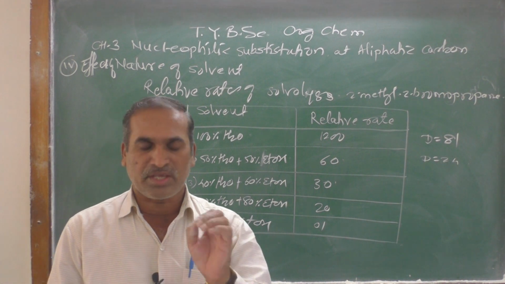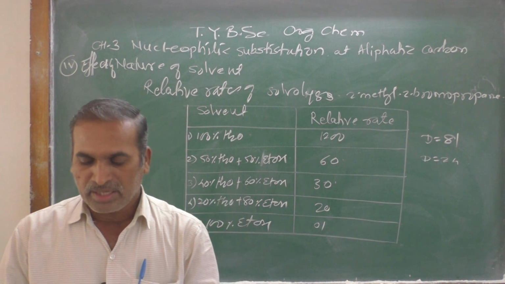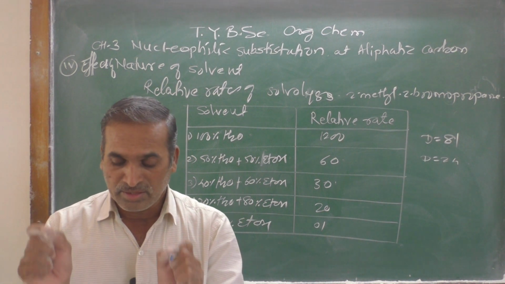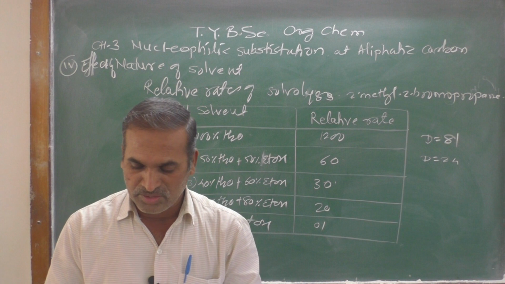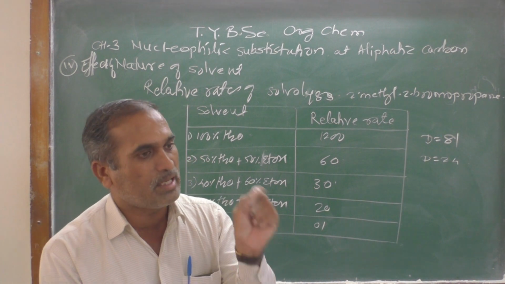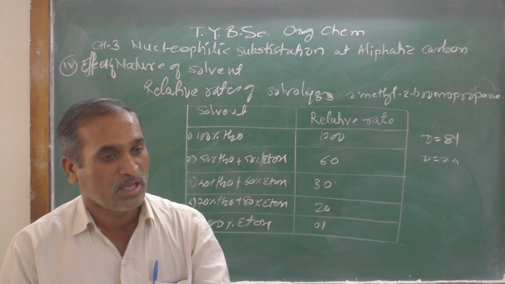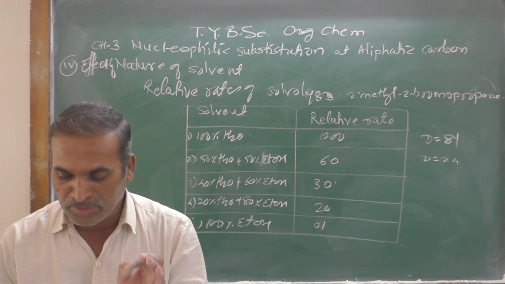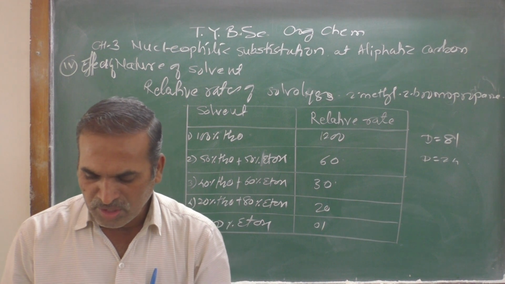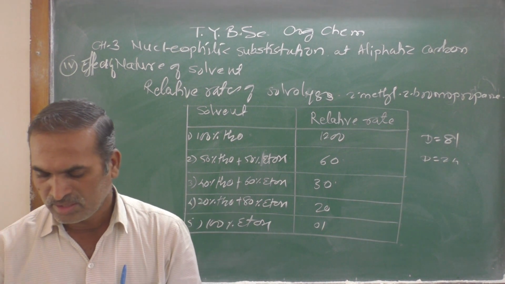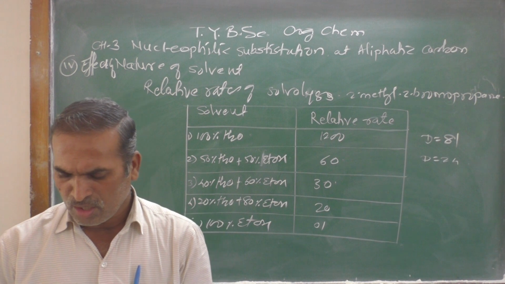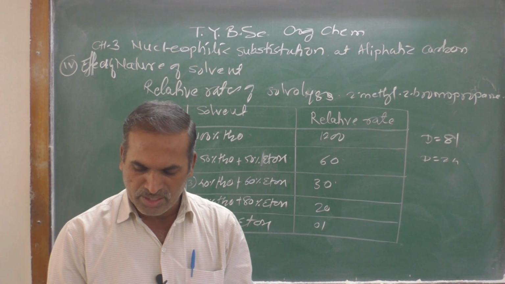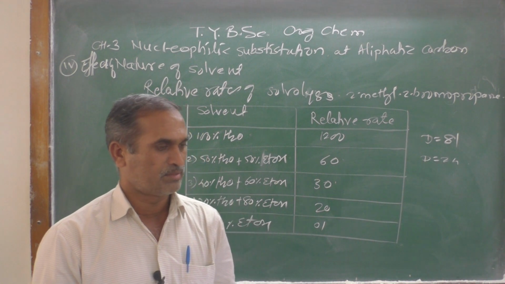SN1 reactions are extremely uncommon in the gas phase. What is the statement I made here? SN1 reactions are extremely uncommon in the gas phase. Listen to the answer here. Because solvation of the carbocation is not possible in the gas phase.